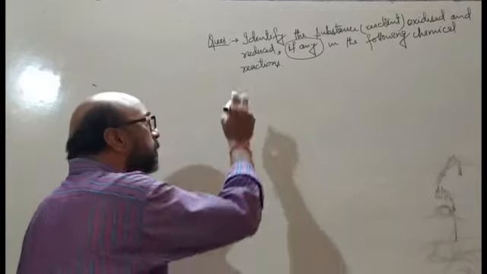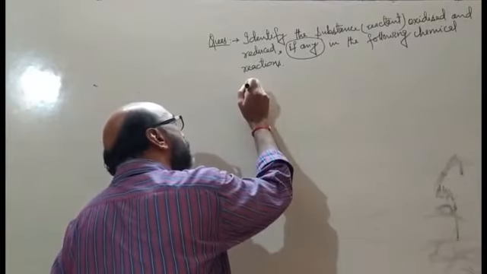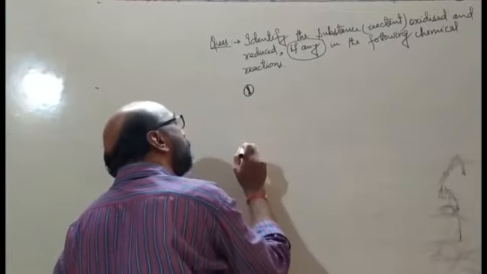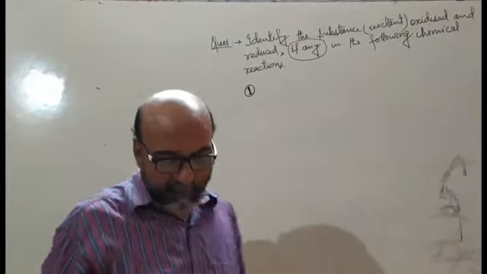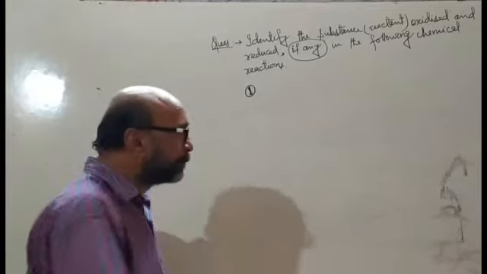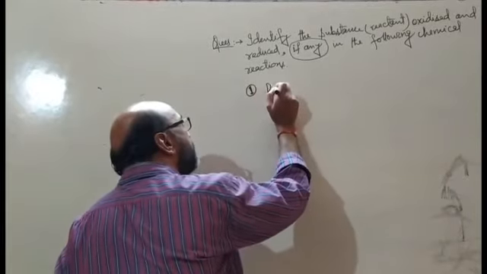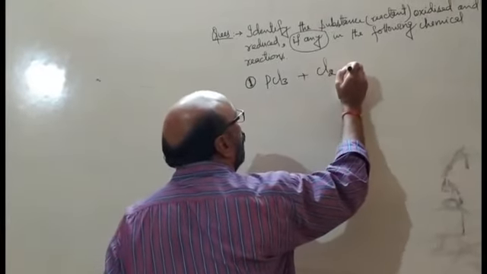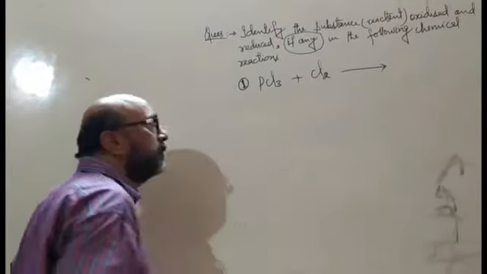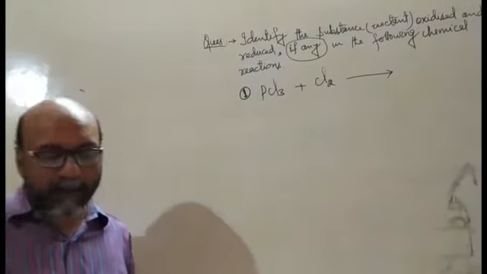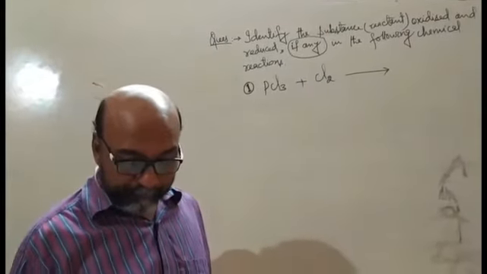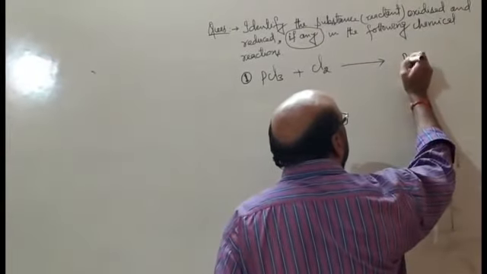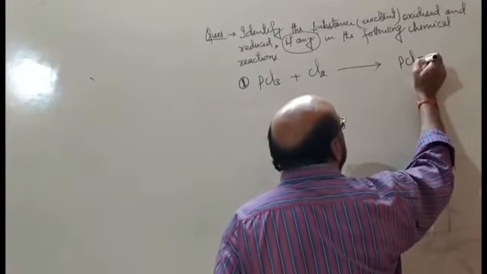So now I would like to give you some list of questions, as in the examinations the questions are asked. Say PCl3 plus Cl2. Right? Phosphorus trichloride reacts with chlorine to form phosphorus pentachloride, PCl5.